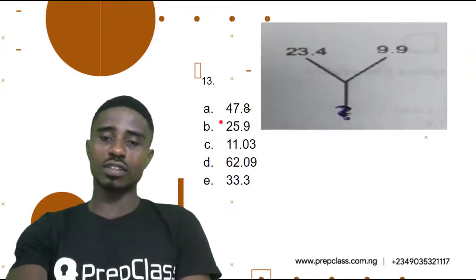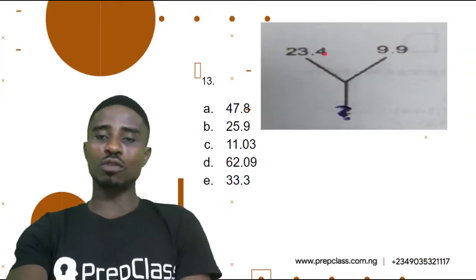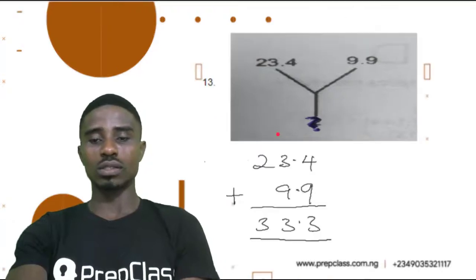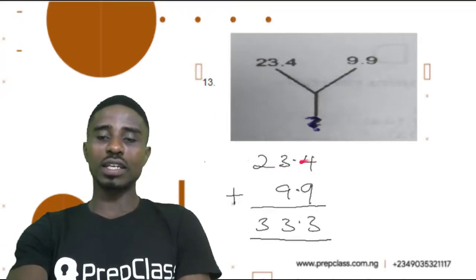Question 13. So we have 23.4 and 9.9. So we know that we'll be adding 23.4 and 9.9 to get what ought to be here. Let's check out how to go about it. 23.4 plus 9.9. So 4 plus 9 will give us 13, 3 carry 1.